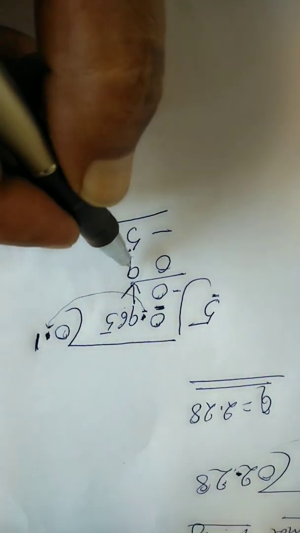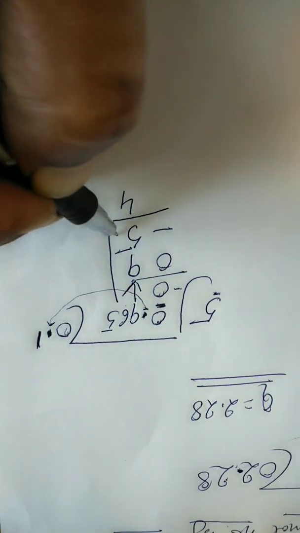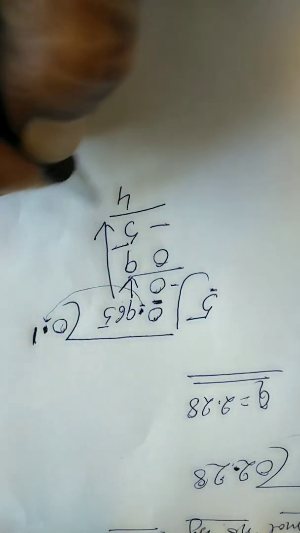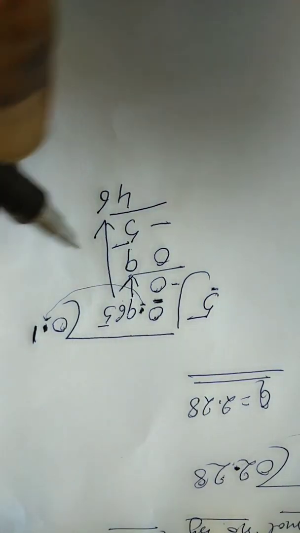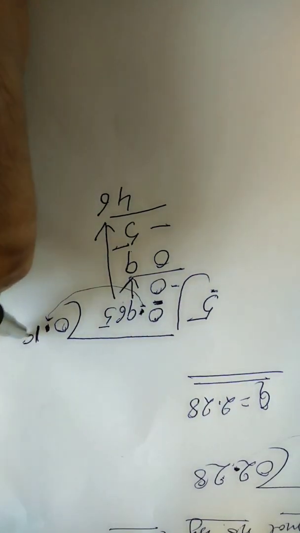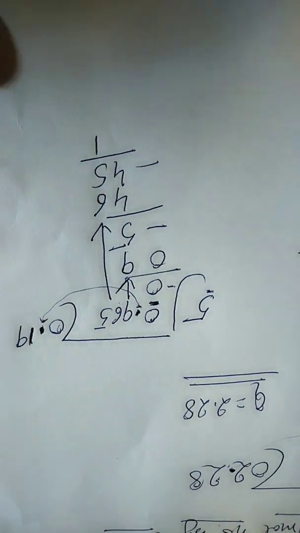Subtract it now. 4 is left. Now take the next digit 6. Now recite the table of 5 again. 9 5s are 45. Now subtract it, you will get 1.